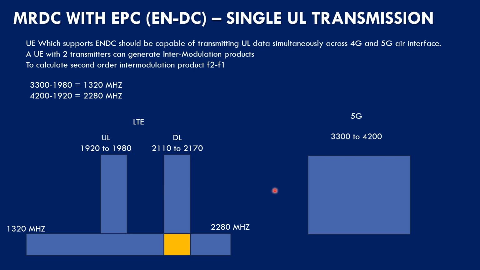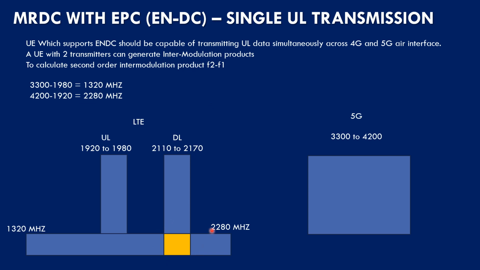The problem will be for this particular area, because the UE is transmitting in uplink 1920 to 1980 and from 3300 to 4200 simultaneously, but it is also generating frequencies in this band, which coincides with the downlink.